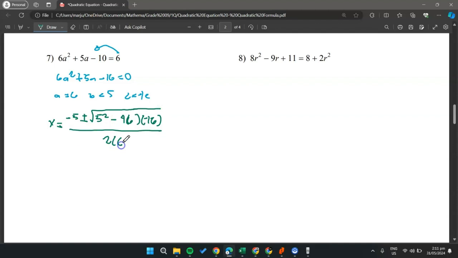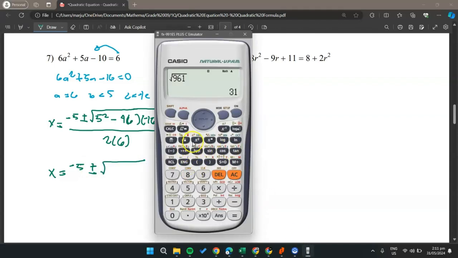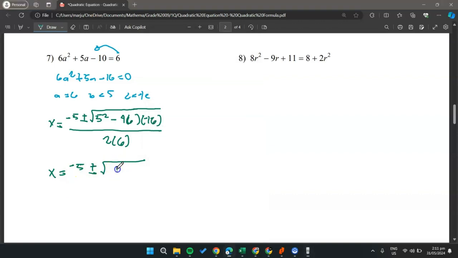And then simplify. We will get negative 5 plus minus the square root of 5 squared minus 4 times 6 times negative 16. That gives us 409, so we have 409 divided by 12.